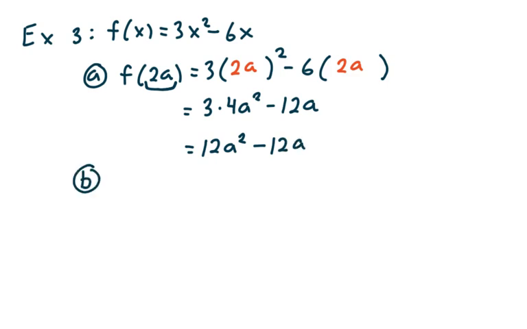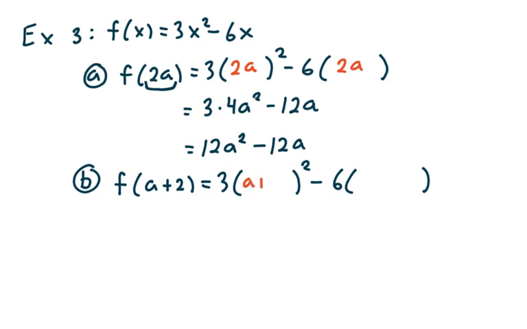On B, suppose I had f of a plus 2. Again, replace x with open parentheses. And in those open parentheses, I'm going to put in a plus 2, right here and over here. Now, I'm going to come over here. Let's take a plus 2 and square it out.